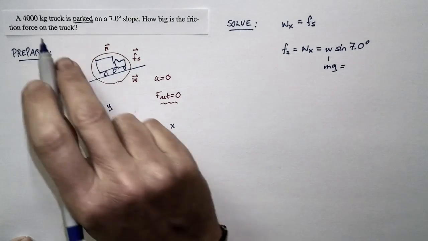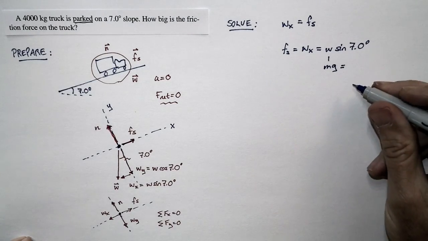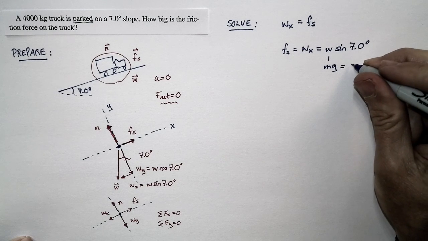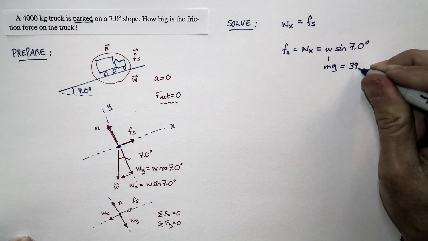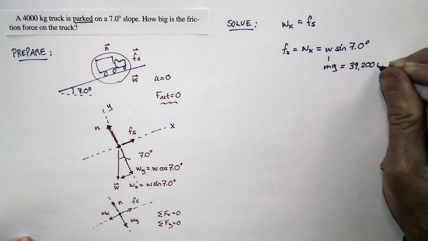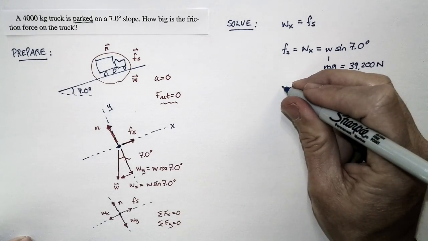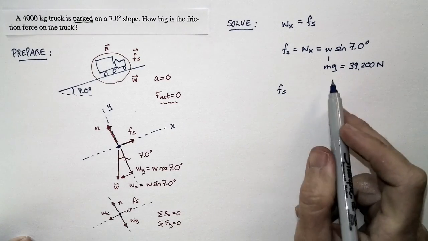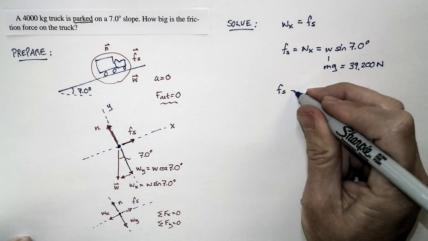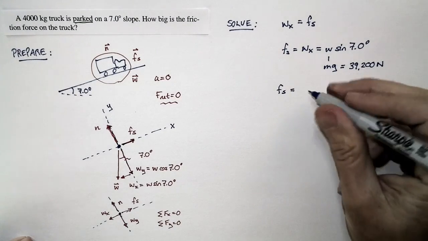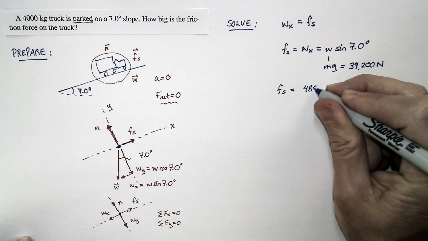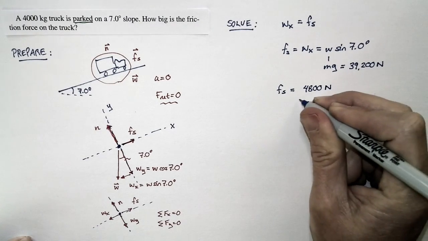The mass of the truck is 4,000 kilograms. g is 9.8 meters per second squared. And so m times g, the weight force, is 39,200 newtons. So the static friction force is just equal to this number times the sine of 7 degrees. And if we work that out to two significant figures, we get 4,800 newtons.